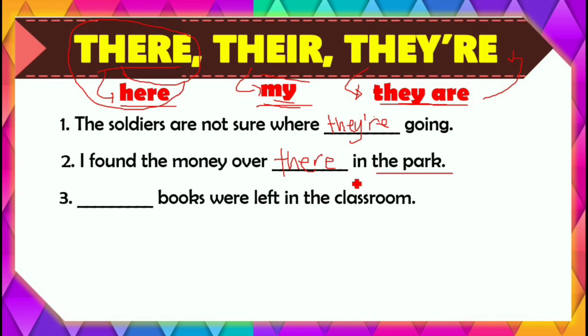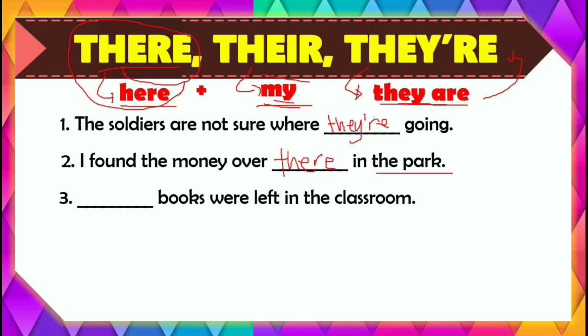Number 3, blank books were left in the classroom. Can you say "my books were left in the classroom"? Yes. What about, let's try first, "they are books were left in the classroom"? Hmm, not so.